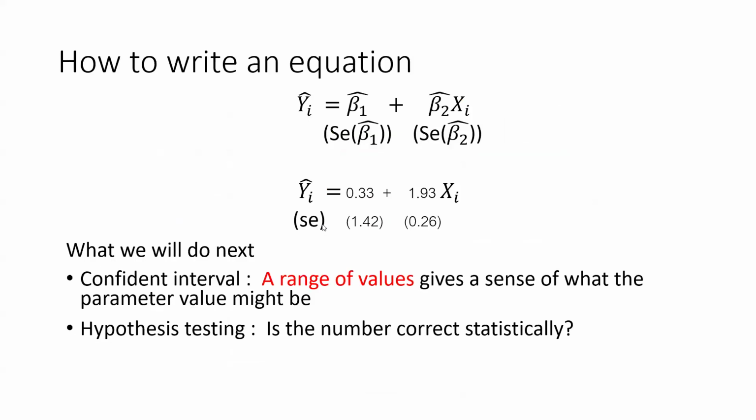Okay, so hypothesis testing means can we know that the number is correct statistically. So we use statistics to prove whether we can believe those numbers. For example, this number we got, 1.93, means if x increases by 1, y will increase by 1.93.